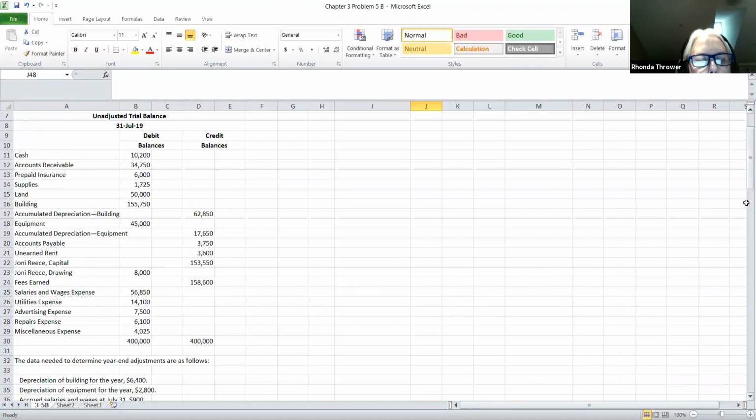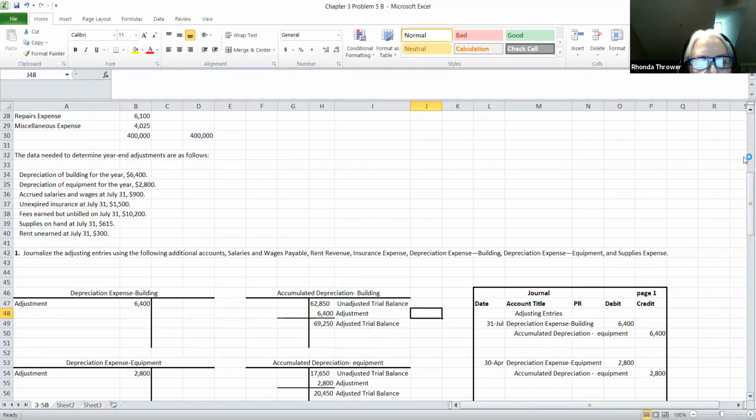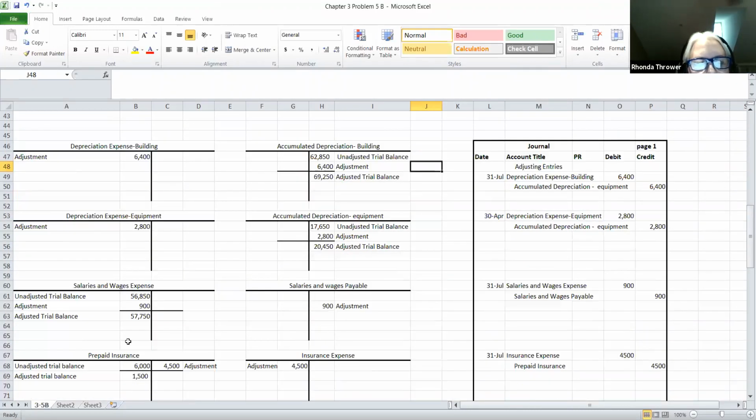And so we're going to refer back to the prepaid insurance account and see that it has a balance of $6,000 to start with. So I've created a T account and I put the beginning balance in that came from the unadjusted trial balance amount.